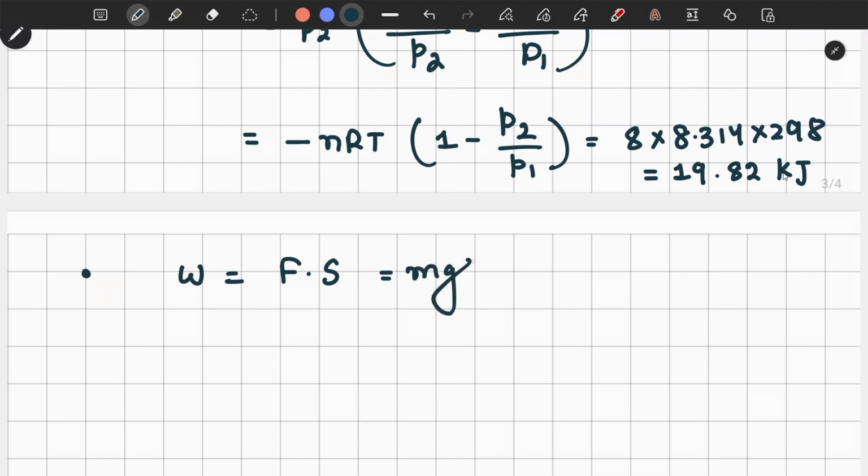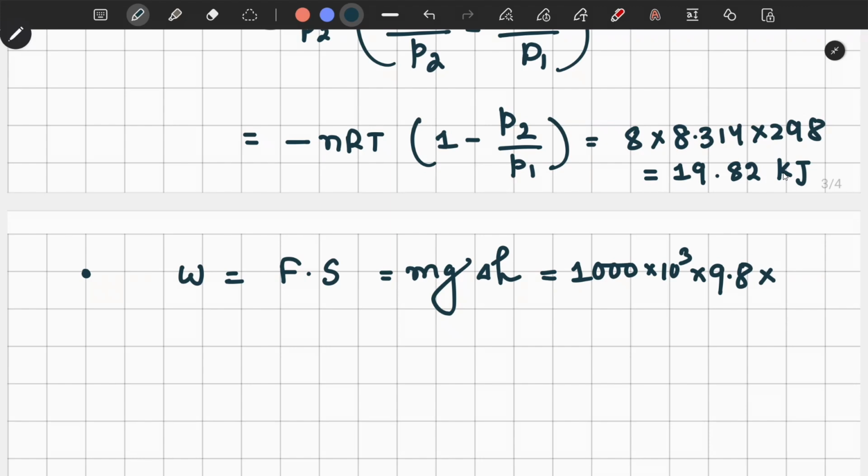And s is here actually h, because this is the change of piston height, or del h, whatever you want to write. So then it is mg del h. So m is 1000 kg, g is 9.8 meter per second square. Then we have to convert this to meter, so 10 to the power 3.